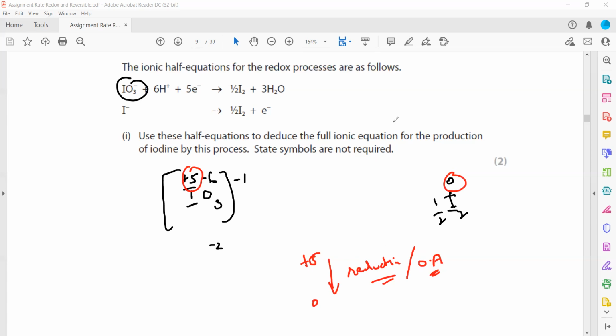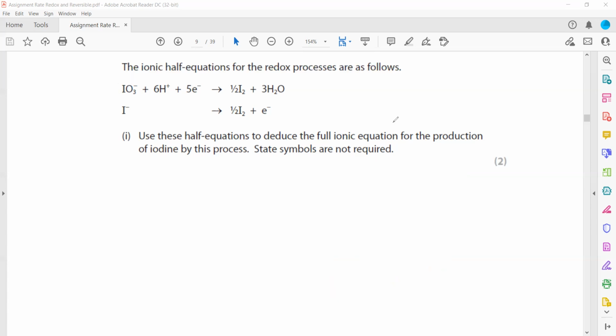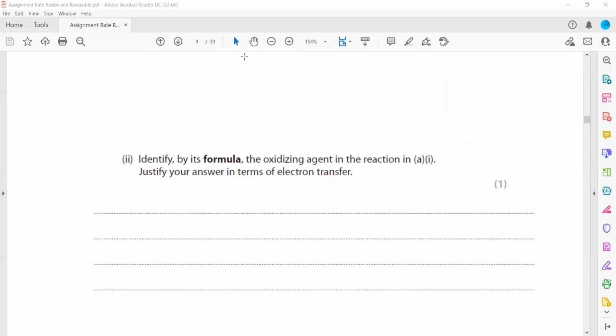So which substance is the oxidizing agent here? And we have to tell in terms of electrons, because the oxidizing agent has the same definition as reduction, which is a gain of electron. So you can mention the IO3 ion, or the original compound. Basically this was formed when we had sodium iodate 5. The sodium iodate 5 decomposes into sodium ion and iodate ion, and this iodate ion is reacting with iodide ion.